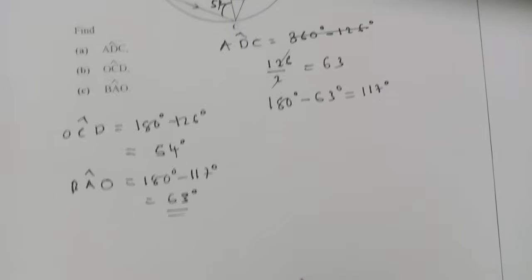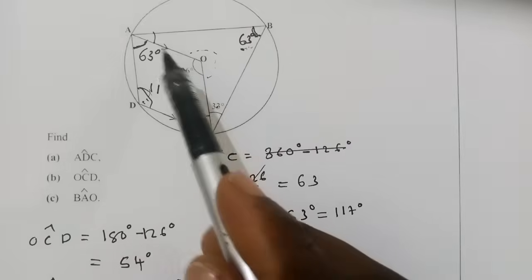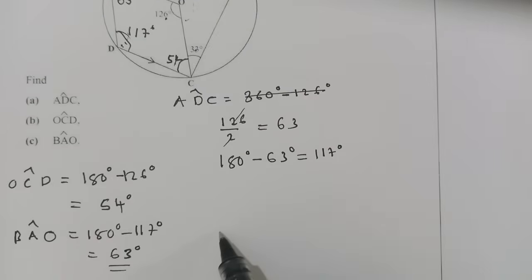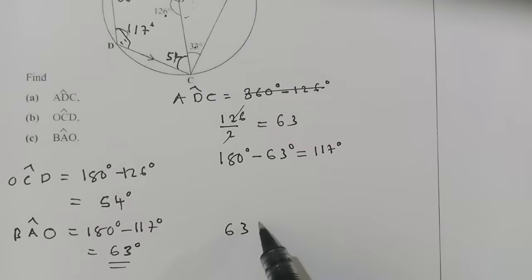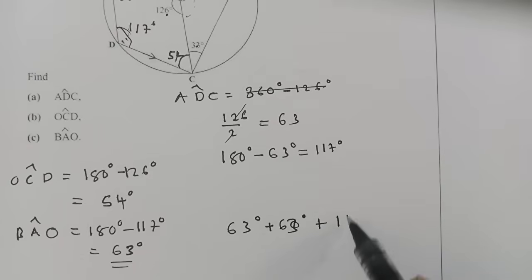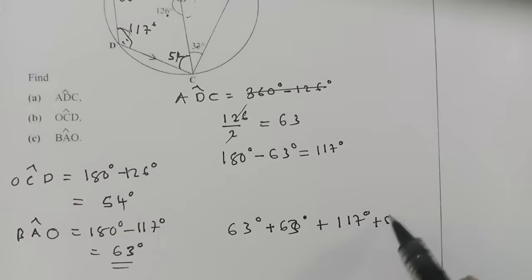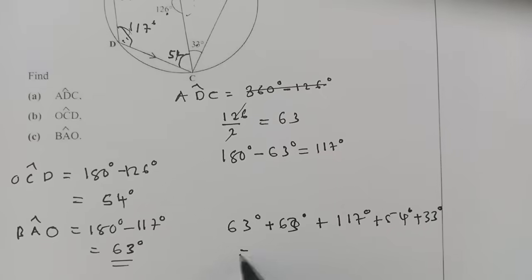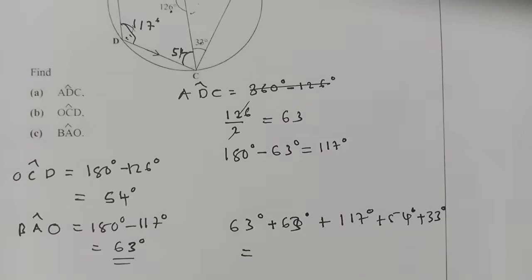Okay, so now we have all these angles. The remaining part is just this one, which we need to find. So we can say 63 degrees plus 63 degrees plus 117 degrees plus 54 degrees plus 33 degrees. What are we getting when we add all those?